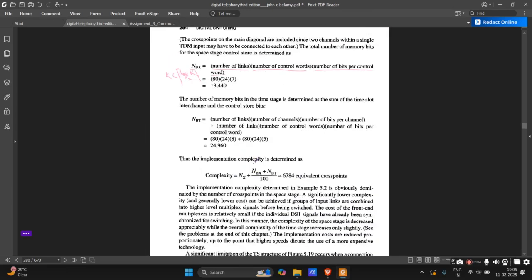First we will get the number of crosspoints, and then we will get the space stage control bits, then the time stage data bits, then the time stage control bits.